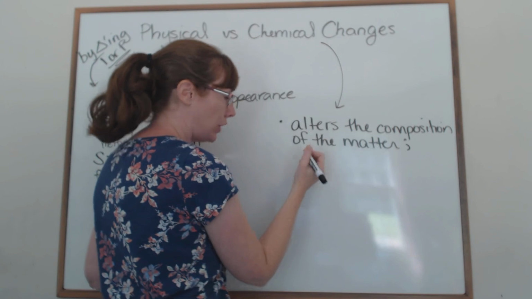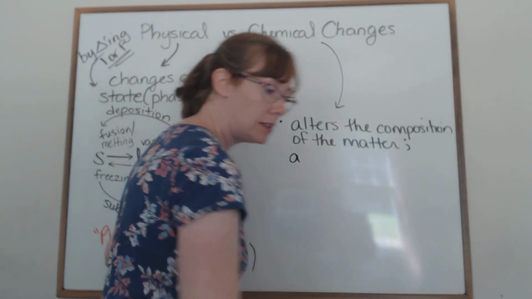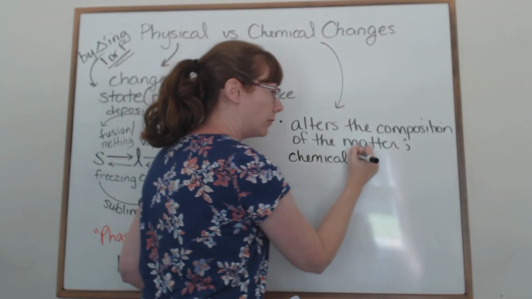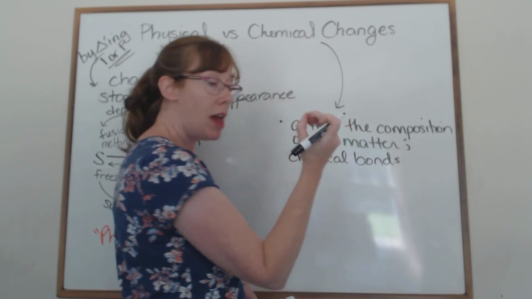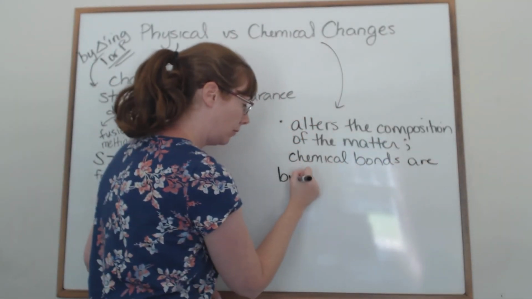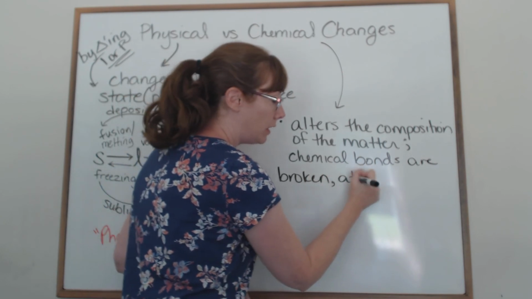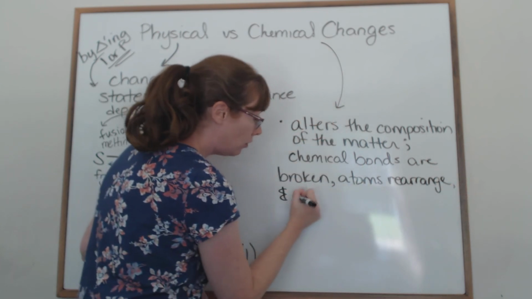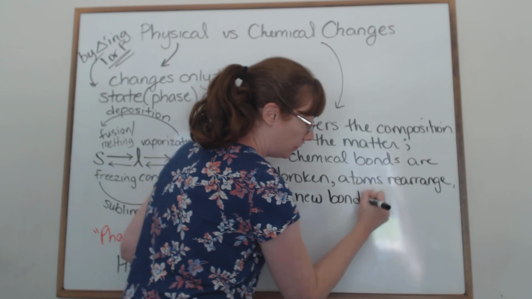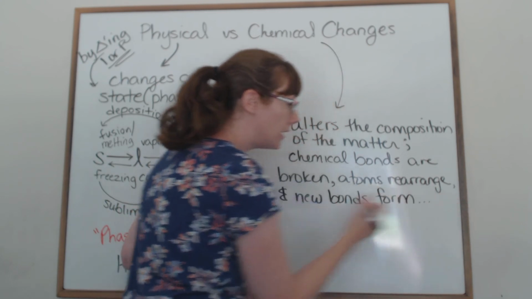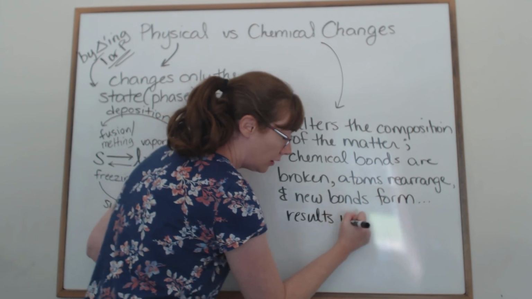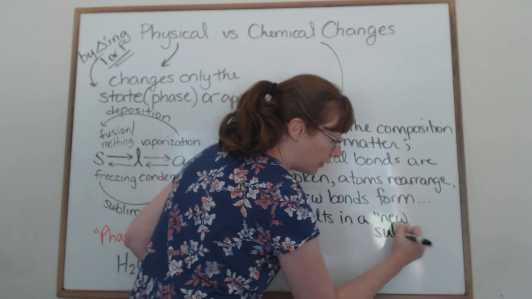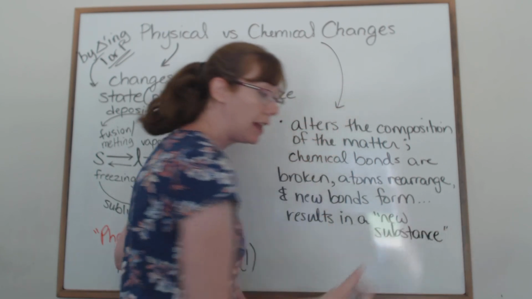If something undergoes a chemical change, chemical bonds, the things that hold atoms together, chemical bonds are broken, atoms rearrange, and new bonds form. And that results in a new substance. Okay, something new is made after a chemical change occurs.